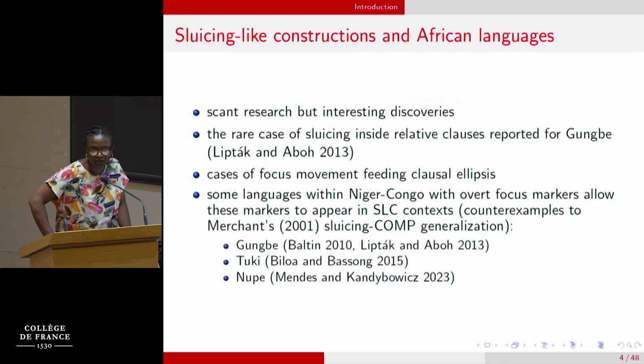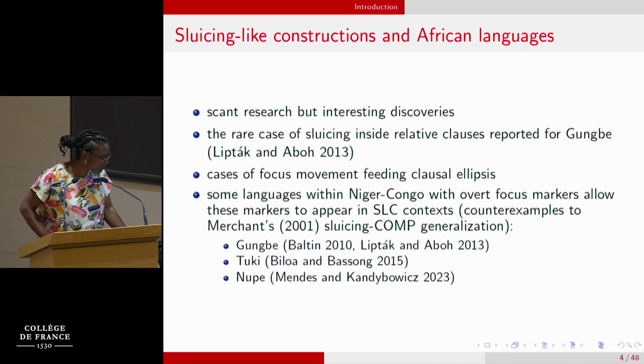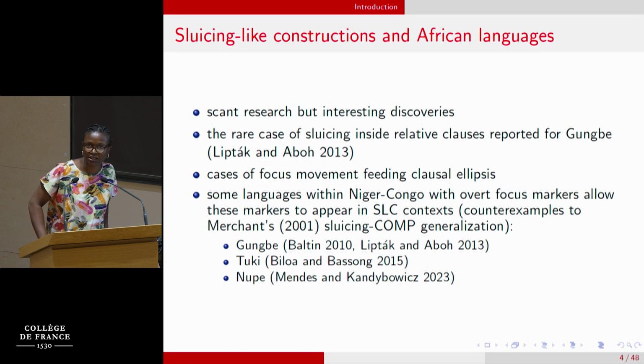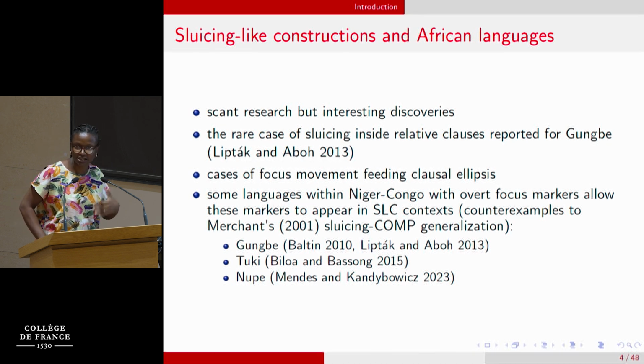So when we come to African languages, it seems to be the case that not so much has been done when it comes to sluicing or sluicing-like constructions, but the few works that we have show some very interesting discoveries. So for instance, in Gungbe, Lipták and Aboh showed that we have the rare case of sluicing inside relative clauses.